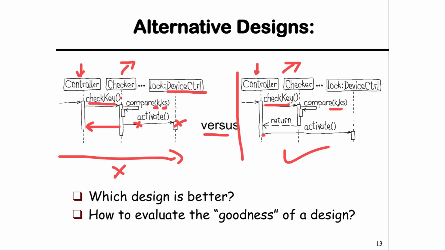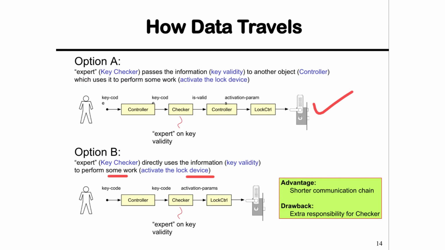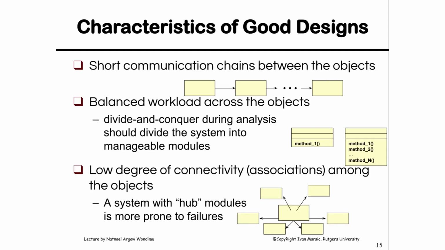Here the checker component is responsible to first compare K to KS and then activate the device control. So this is excess responsibility for the checker. The controller should be the one with excess responsibilities if need be. So for that purpose, it's not recommended to use such kind of data flows in your dynamic model.